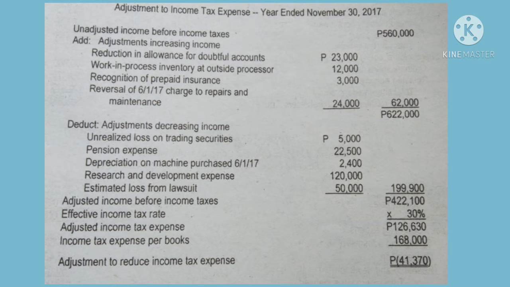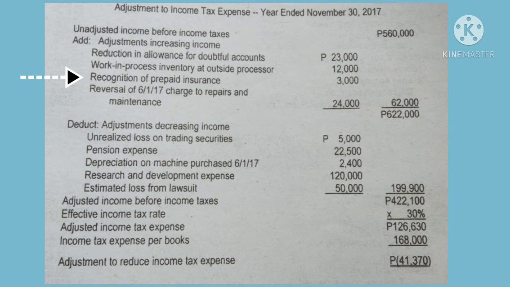The illustration shows unadjusted income before income taxes of 560,000 pesos, which was shown in the statement of income. The adjustments increasing income from the correcting entries are added to the unadjusted income before income taxes. Reduction in allowance for doubtful accounts, 23,000 pesos, is from the second correcting entry. Work in process inventory at outside processor, 12,000 pesos, is from the third correcting entry.